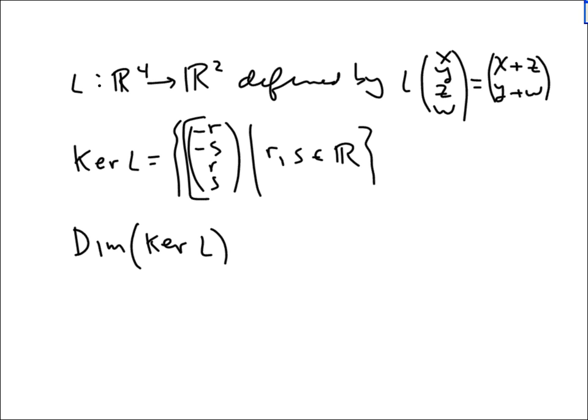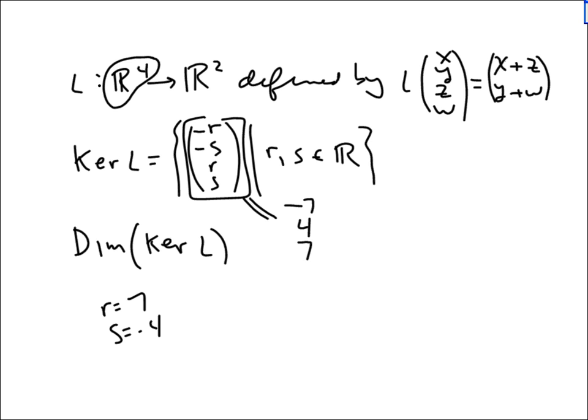For you to make this an exact, concrete element in R4, I just have to tell you what r and s are. If I tell you r is 7 and s is negative 4, then this vector becomes (negative 7, 4, 7, negative 4). If I just tell you what r is, you won't know what goes in the second and fourth entries.